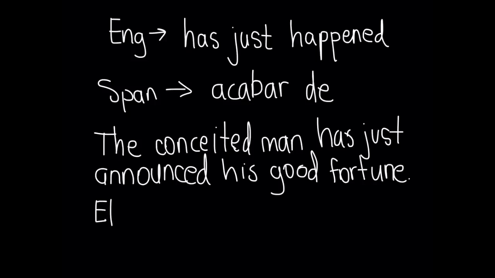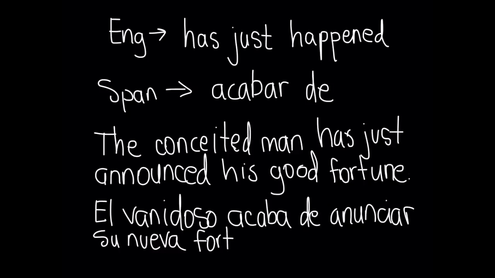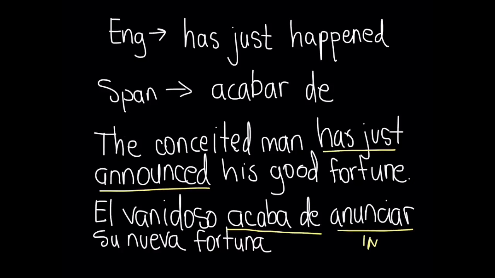In Spanish, it will be el vanidoso acaba de anunciar su nueva fortuna. So notice that has just announced is the equivalent of acabar de anunciar. Now, anunciar is in the infinitive because it goes after the preposition de, and acaba agrees with the subject.